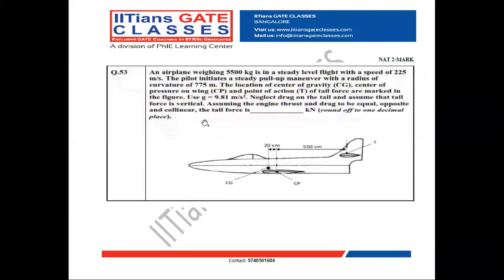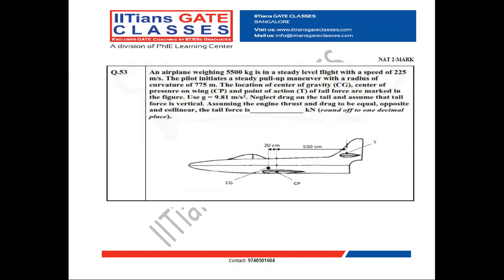Next, question number 53. An airplane weighing 5,500 kg is in a steady level flight with an airspeed of 225 meters per second. The pilot initiates a steady pull-up maneuver with a radius of curvature 775 meters.